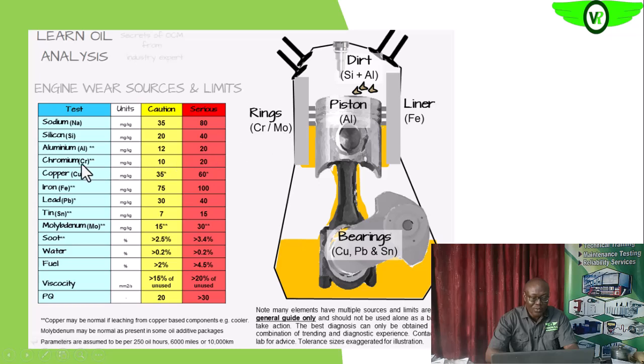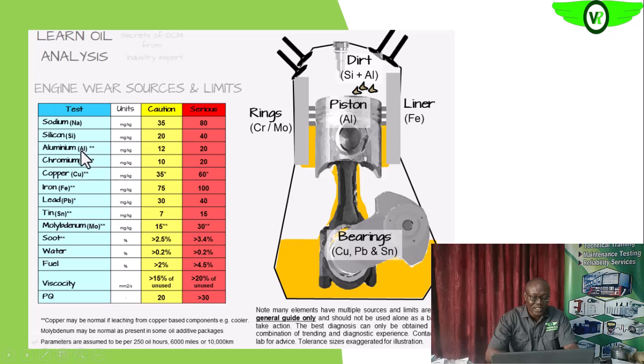So if you have chromium up to 10 parts per million, that will tell you that the rings are wearing out very fast. What could be causing the wear out of these rings is now left for you to determine, and see how you can prevent that from deteriorating further.